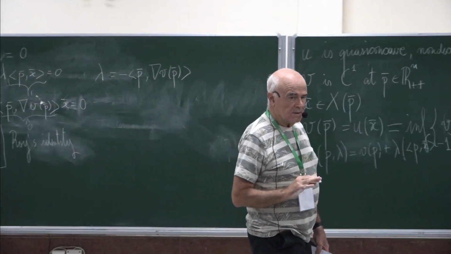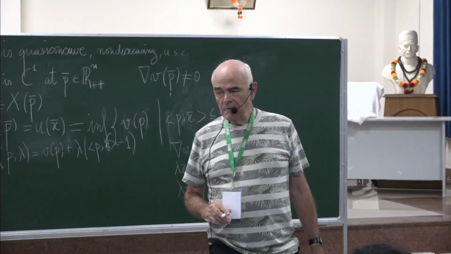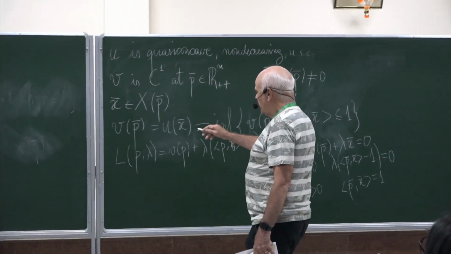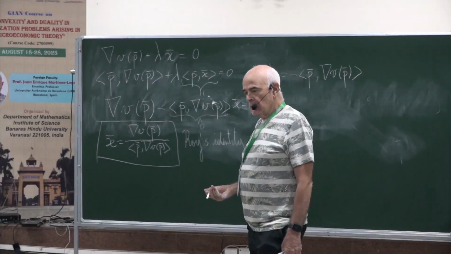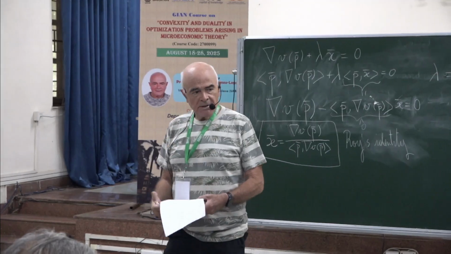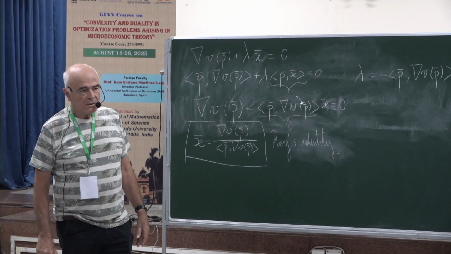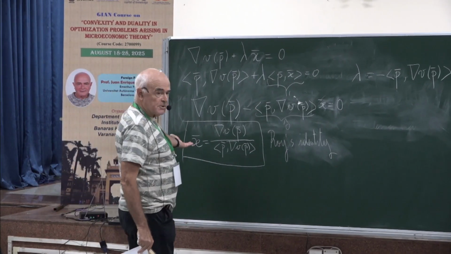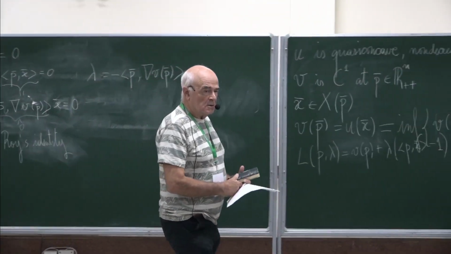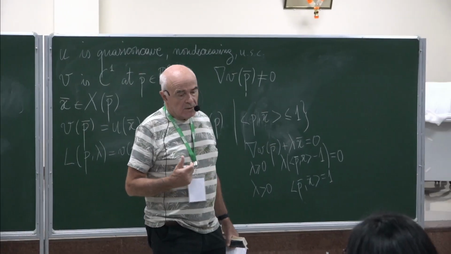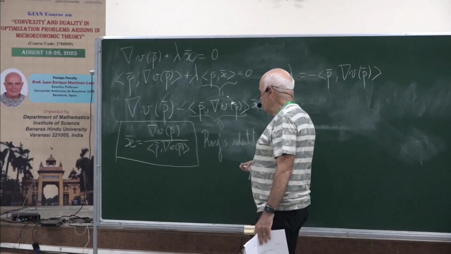Let us think a little bit about what we have obtained. We started with an arbitrary optimal solution, an arbitrary element in the demand set. And after all this reasoning, we found that there is only one, it must be this one. So here we have, at differentiability points, locally a mapping.